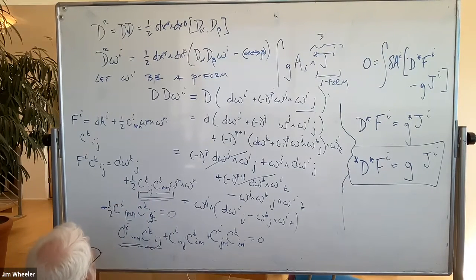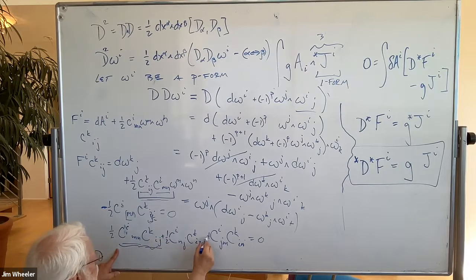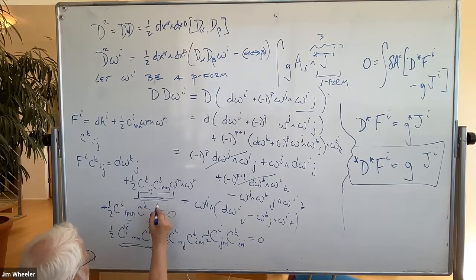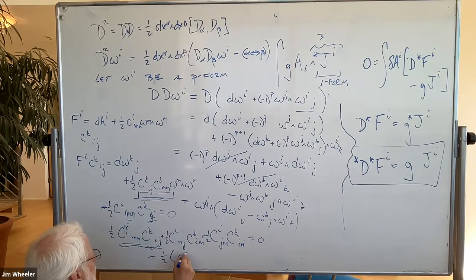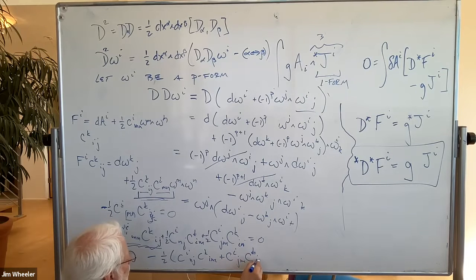So this term is the one I've got. What I actually have is a half of that term. So it's equal to minus a half that term and a half of that term. So I can write the thing I've got as minus these 2 terms. Minus 1/2 C I N J C K I M plus C I J M C K I N.